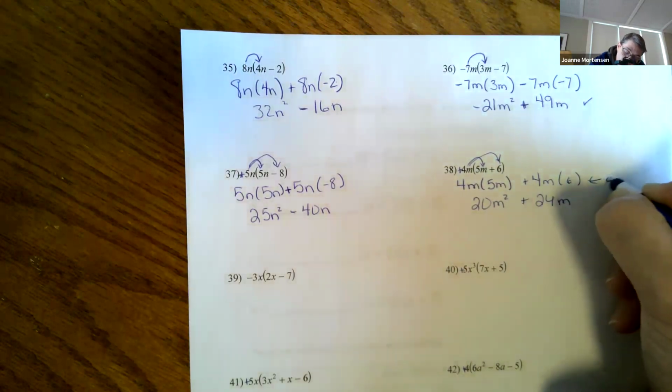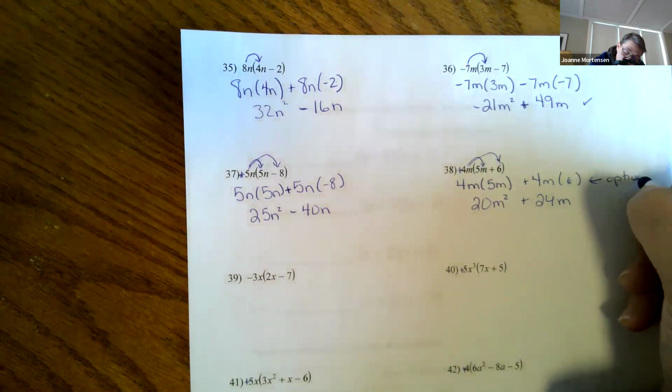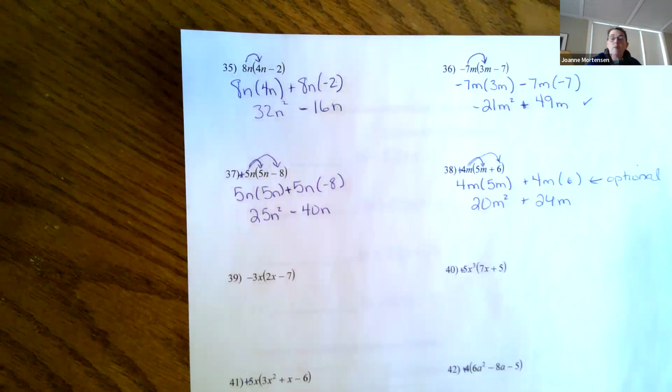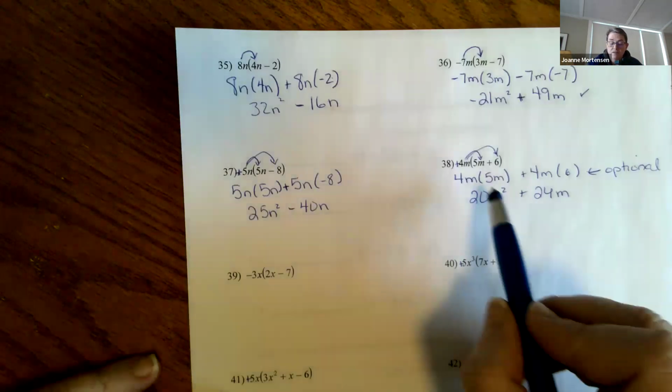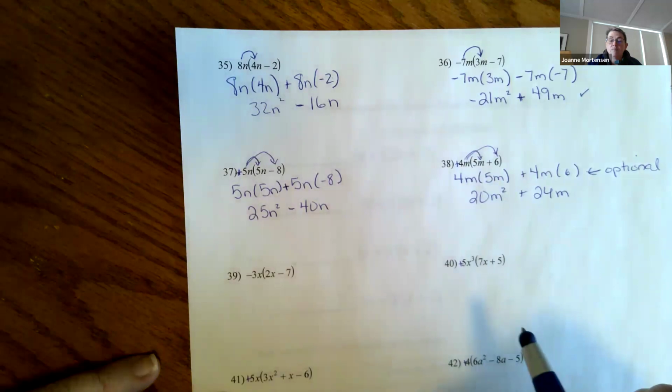So at this point, I'm going to put optional. But if you're not sure or you're stressed out because of an exam, do it. It's not going to hurt you. It doesn't take that long. This is just one step. We organize, then we multiply.